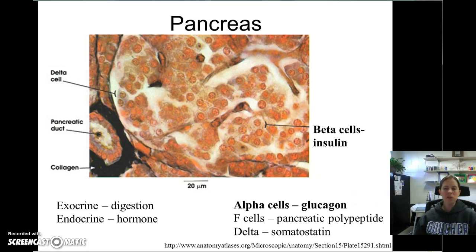And alpha cells you can kind of think of as the reverse, so they signal to cells to release glucose. Other cell types in the pancreas include F cells, and these make a pancreatic polypeptide.